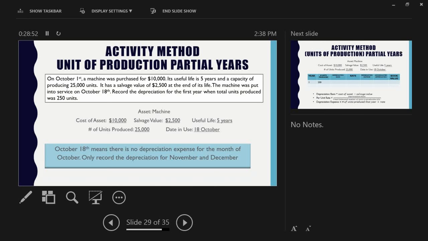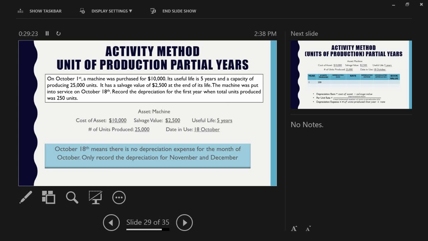So now let's look into scenario 2. Scenario 2 asks, what happens when I put this asset into service on October 18? On October 1st, a machine was purchased for $10,000, and its useful life is 5 years, with a capacity of 25,000 units.